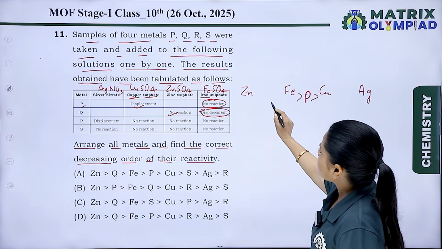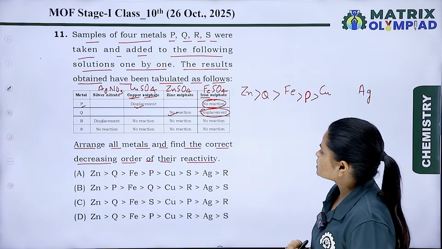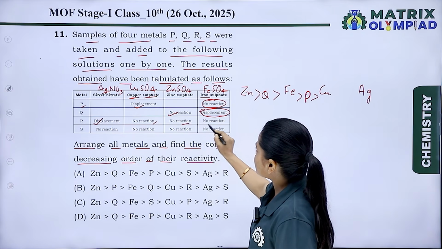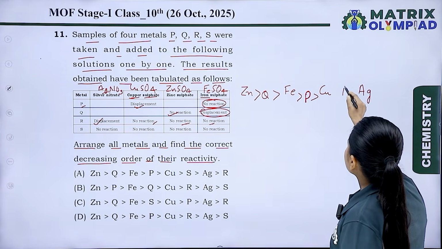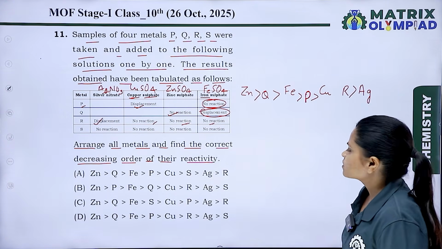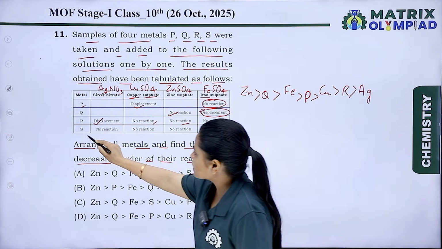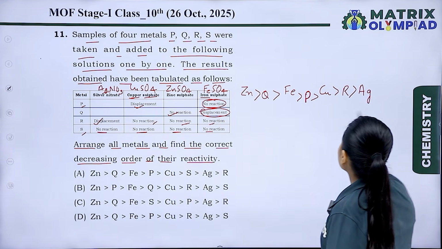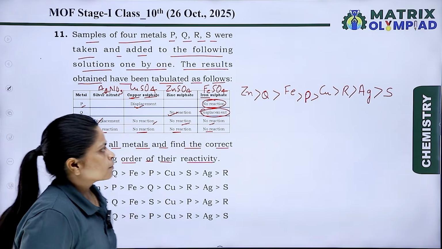So Q can be placed between zinc and iron. Now R can displace silver but can't displace copper, zinc and iron, so R is placed before silver and after all the other metals. And S has no reaction with any salt, so S can be placed at the last of all these metals.